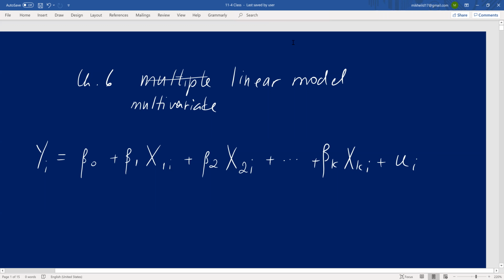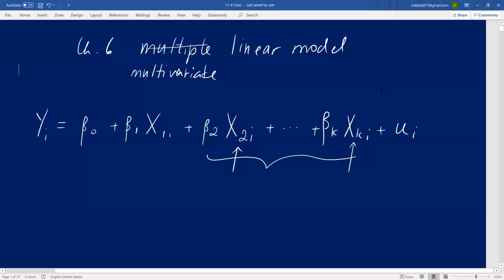So this is similar to the bivariate model, where we only have two variables. One is dependent and the other one is independent. But as you see, the difference between multivariate and bivariate models is that we have additional terms that correspond to additional independent variables.